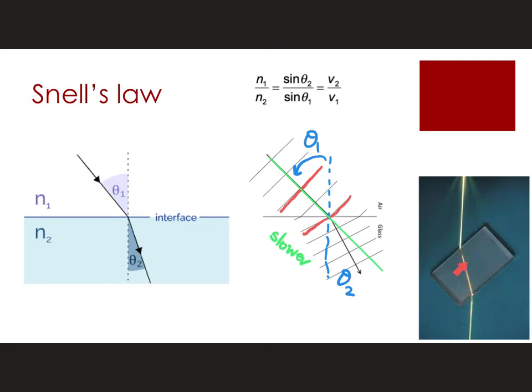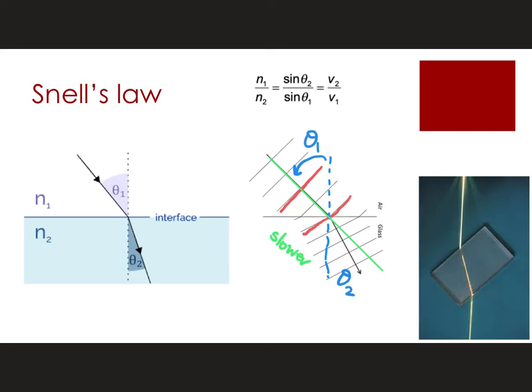However much it bent towards the normal on the first boundary, it's going to have to bend that same amount back in the second boundary. So what you end up getting, because the edges are parallel, is that the incident ray and the transmitted ray here are going to be parallel, but they are offset due to the refraction in the center.